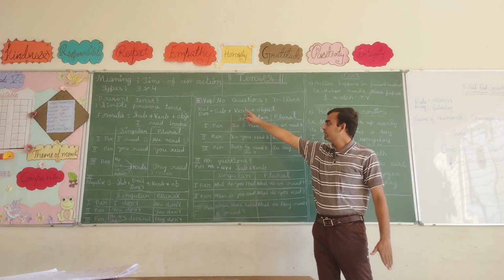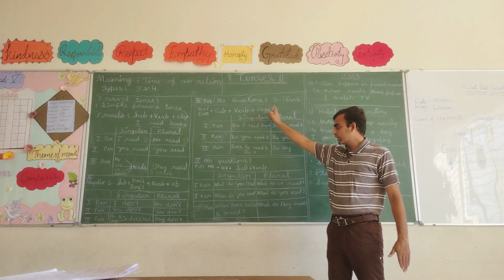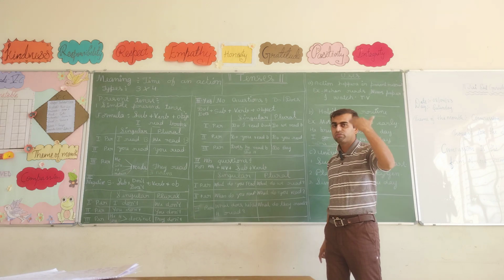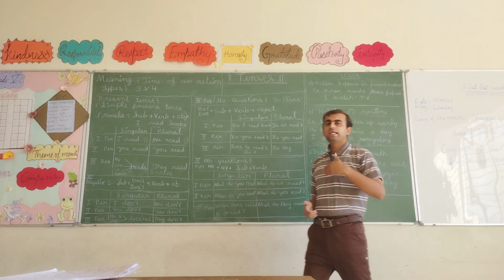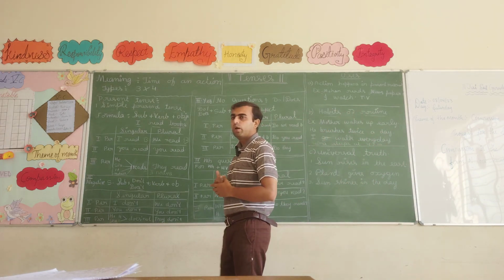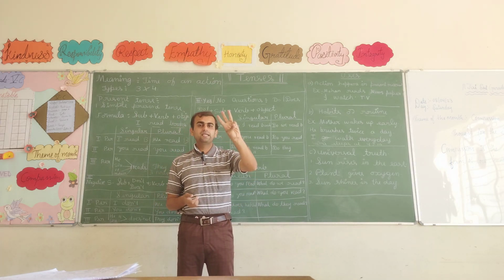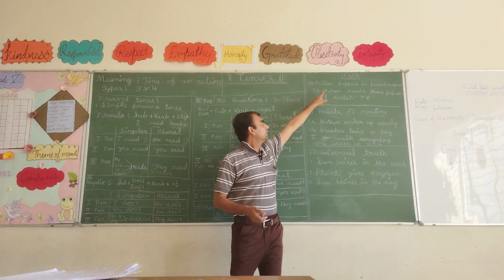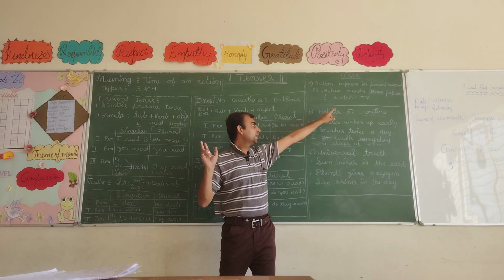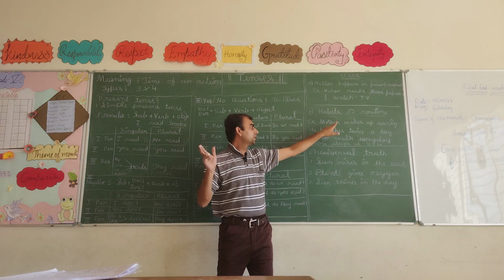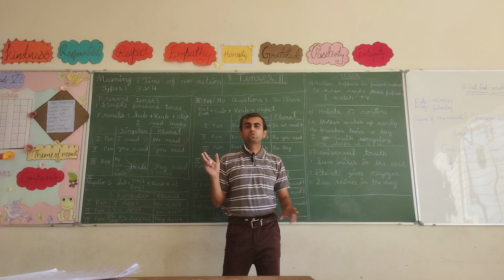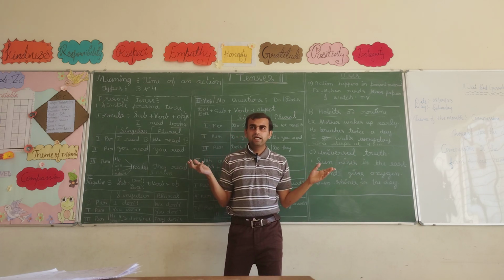Then yes/no questions and WH questions, how to form them. And finally the uses of the simple present tense, which we use in three cases: actions happening in the present moment, habits or routine, and universal truth.